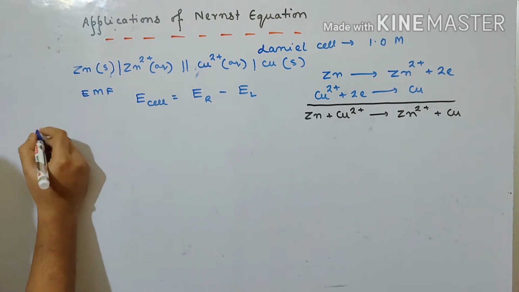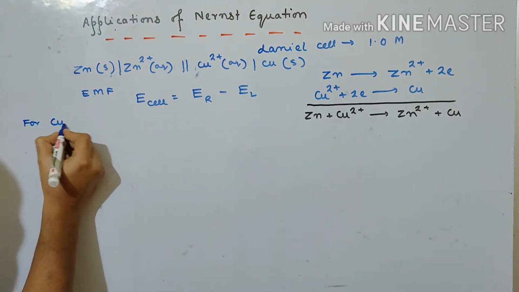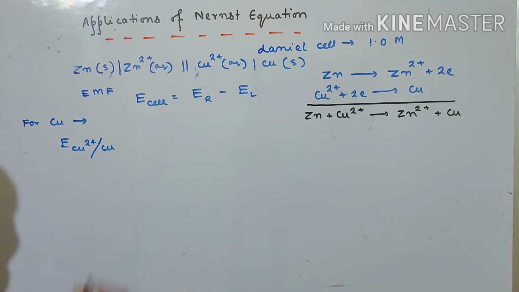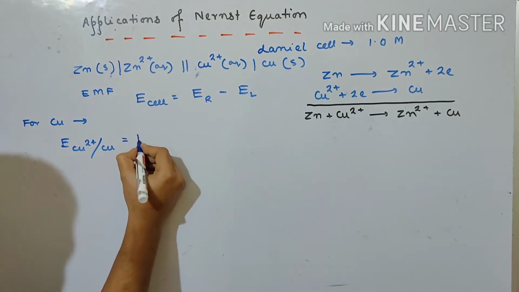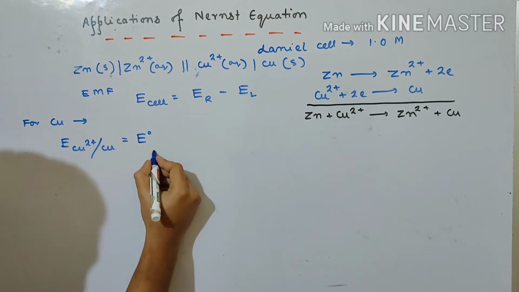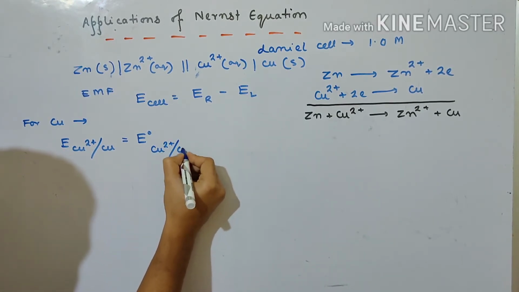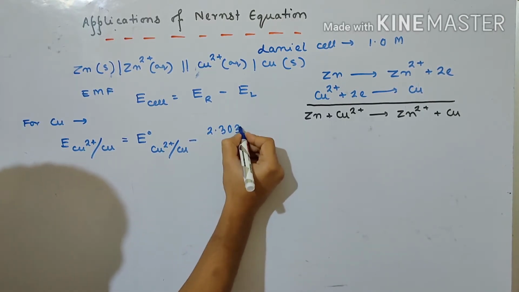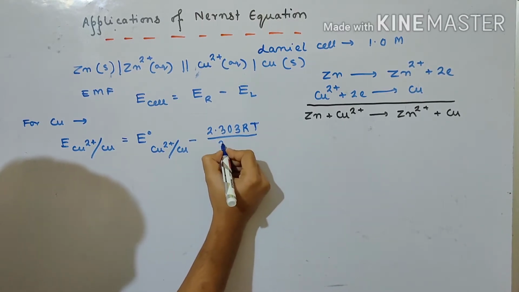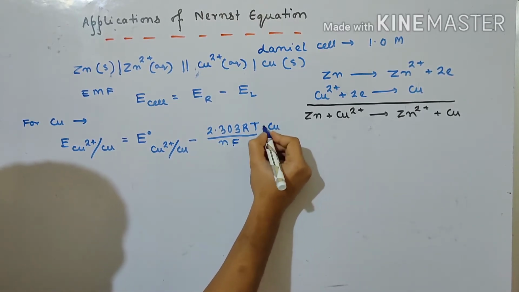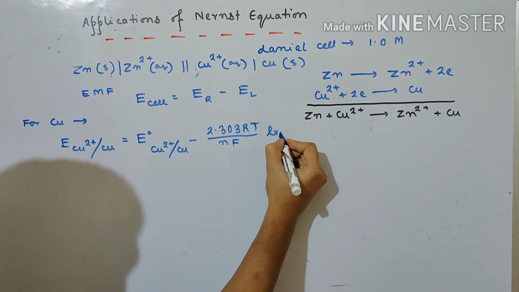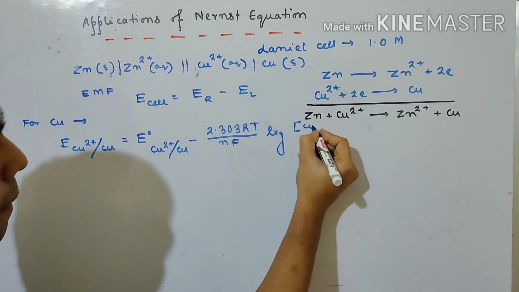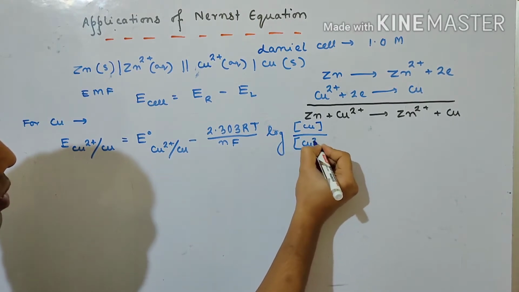For the copper electrode, E of Cu2+/Cu is equal to E0 of Cu2+/Cu minus 2.303 RT by nF log of, we know that in this equation, it is Cu divided by Cu2+.